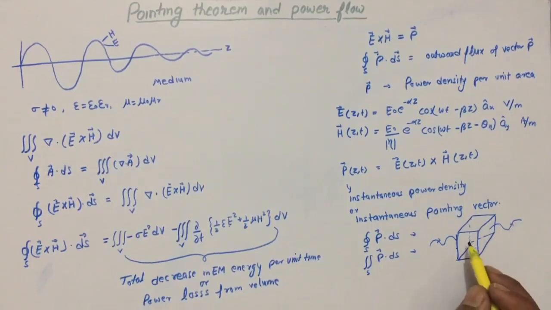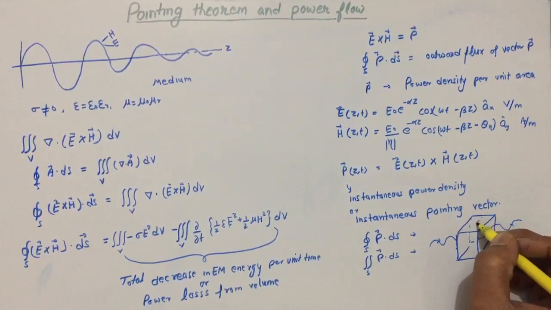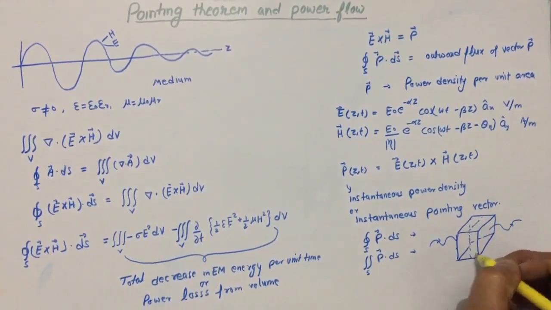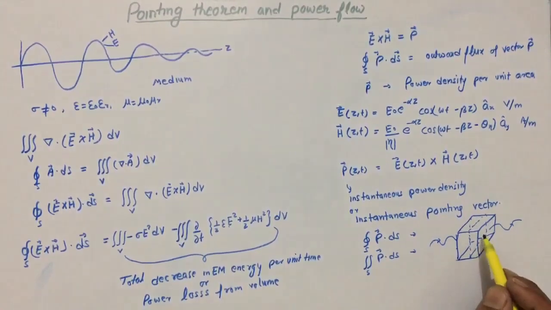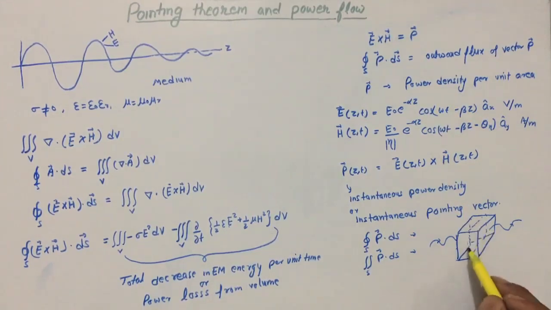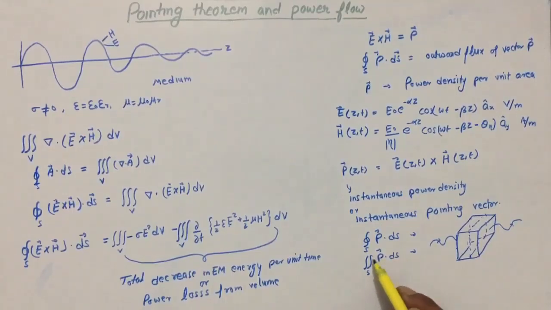In this case, at any surface, if we try to find the power in the wave crossing this surface at any instant, then that is this.